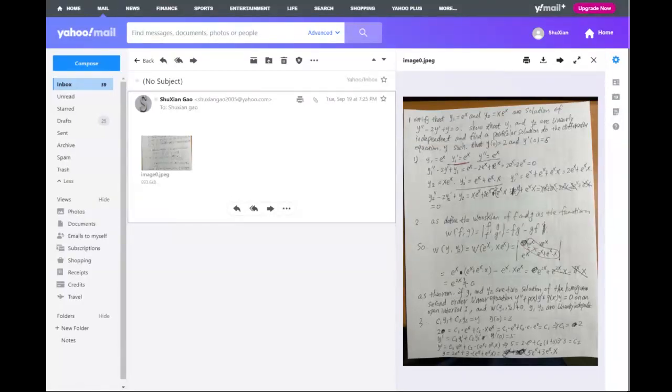Since x is 0, the first term gives C1, plus C2 times e to the 0, which is 1, and the other term has x equal to 0. So C2 is equal to 3. We plug in C1 and C2, and we get the solution y equals 2e to the x plus 3 times e to the x times x. That's my solution for question 1.